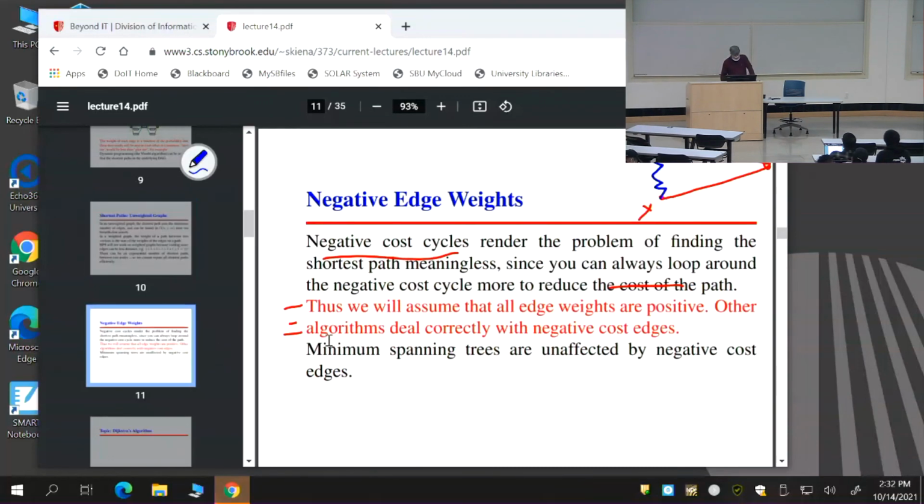Let me show you something else that's weird about finding shortest paths in a graph. Is what happens if we have negative weight edges. Let's say you want to find the shortest way to get from New York to let's say San Francisco, where my favorite baseball team, the Giants, are playing tonight for the championship.